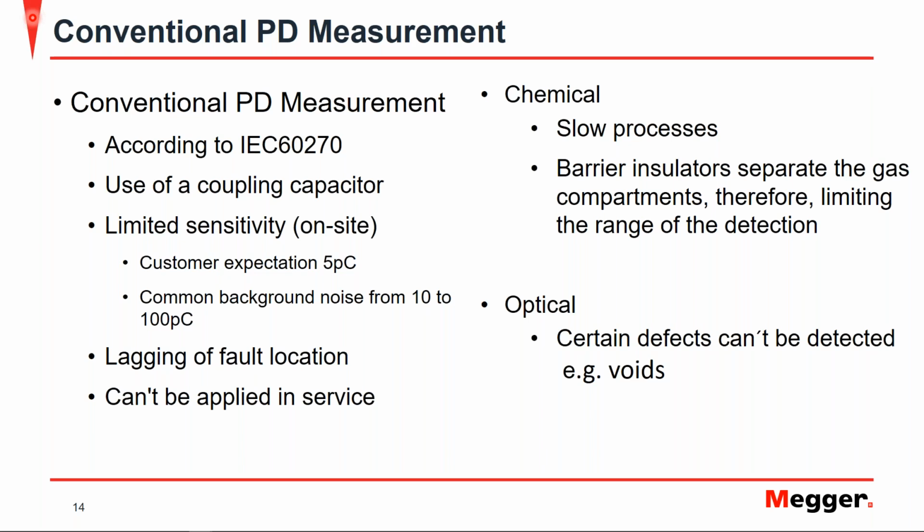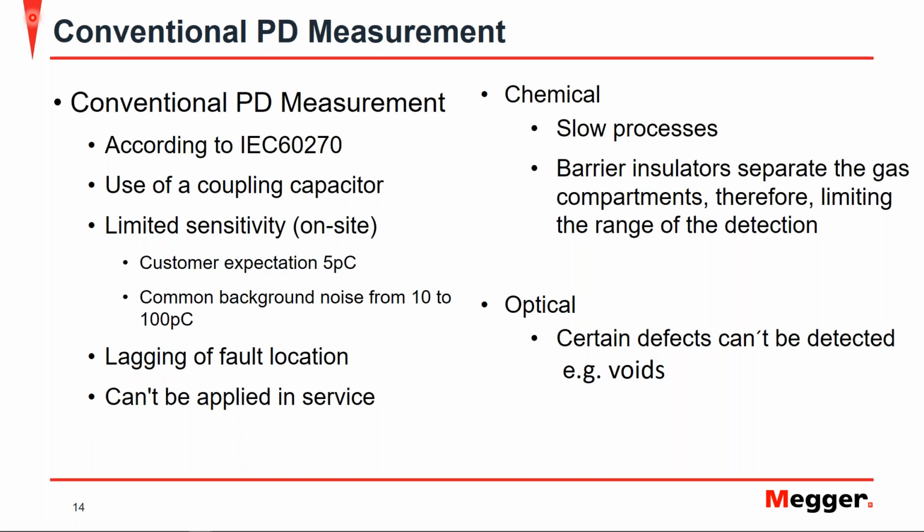One issue when testing on site with GIS, though, is that the customer expectation is about 5 picocoulombs, where the background noise is anywhere from 10 to 100 picocoulombs. And the background noise is the noise radiated by other high voltage assets or other high frequency assets that can impede your measurement.